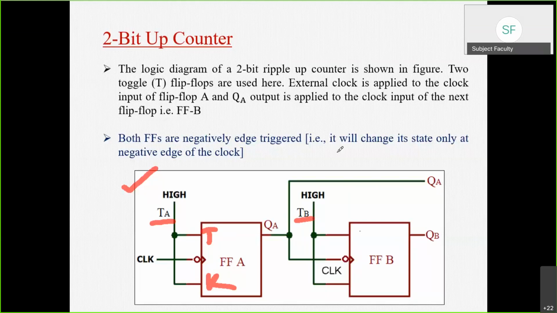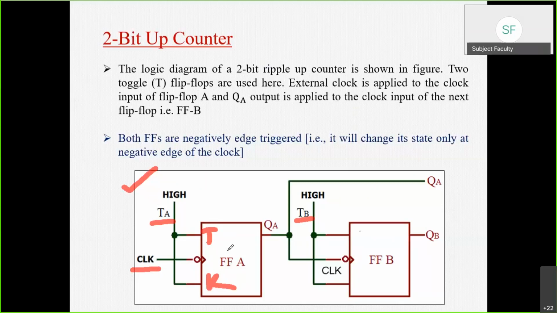Okay. External clock is applied to the clock input of flip-flop A. Now this clock is the external clock. Okay. So this is applied to the first flip-flop, flip-flop A. Now if I ask you whether this counter is a synchronous counter or an asynchronous counter, how will you approach this particular diagram?